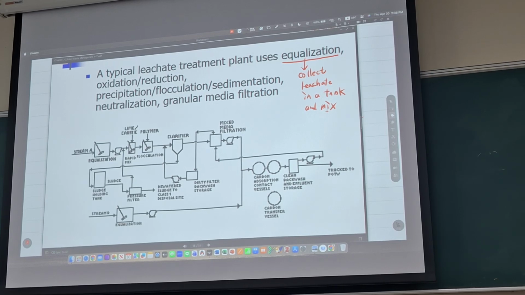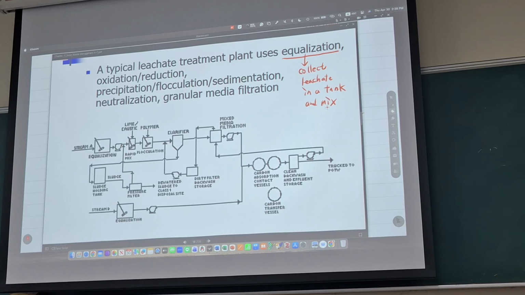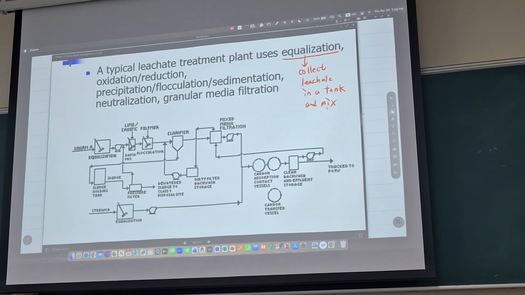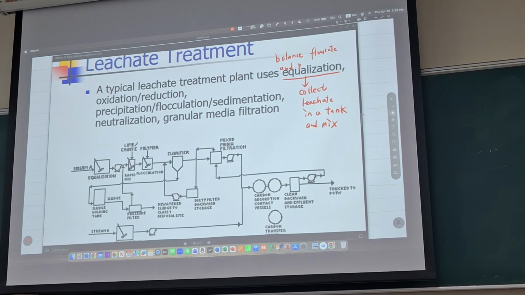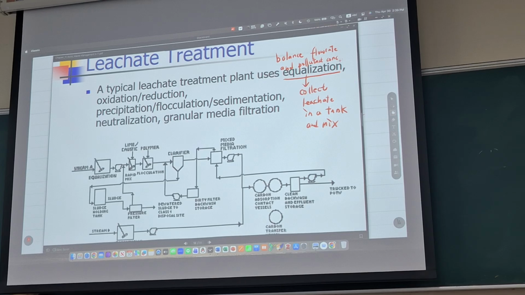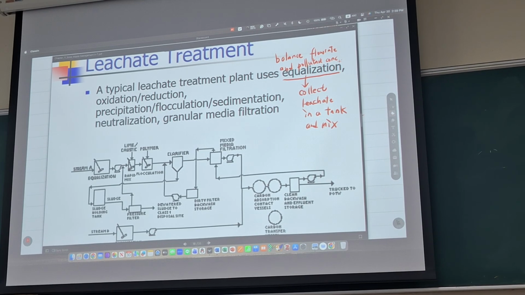This is so-called equalization. So the purpose, how can we call this equalize? We try to balance the flow rate and pollutant concentration. This is the purpose.